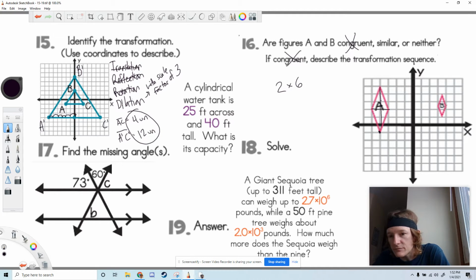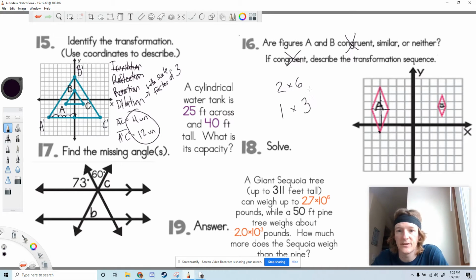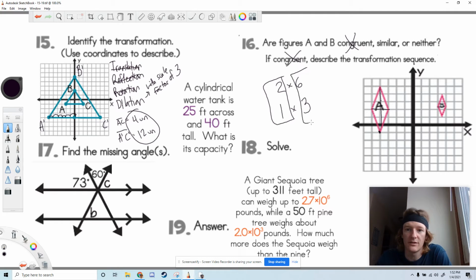Then the other one is 1 wide and 1, 2, 3. So quadrilateral B is 1 by 3. So are these proportional? Is this similar? Similar would mean it's proportional. Do we have a constant rate of change between these two?